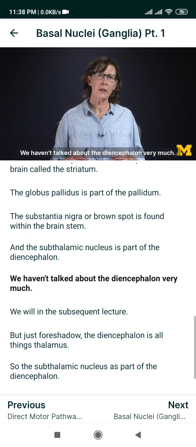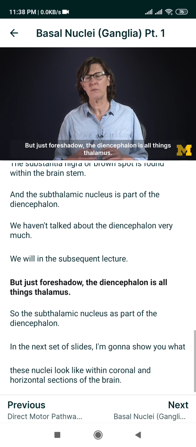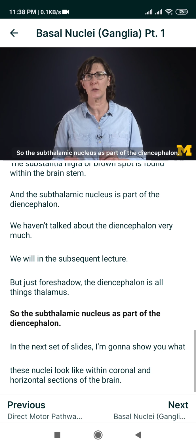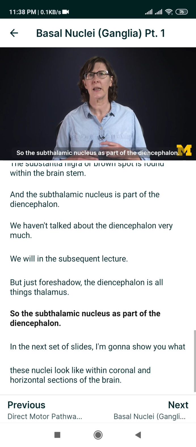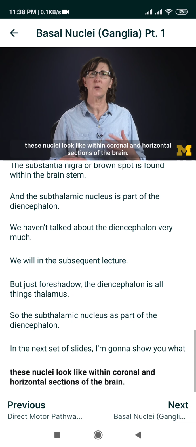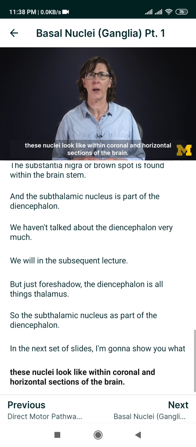We haven't talked about the diencephalon very much. We will in a subsequent lecture, but just as a foreshadow, the diencephalon is all things thalamus. So the subthalamic nucleus is part of the diencephalon. In the next set of slides, I'm going to show you what these nuclei look like within coronal and horizontal sections of the brain.